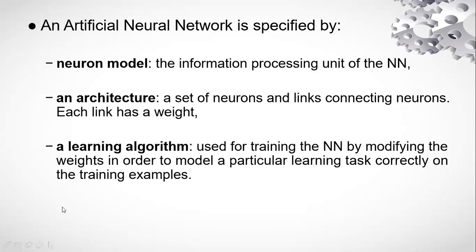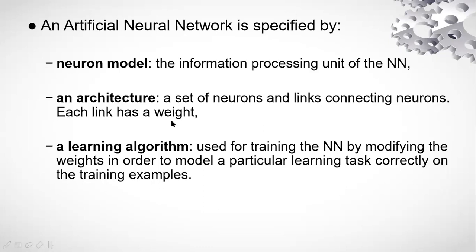Next, architecture. There are a number of neurons which are highly interconnected, or linked together. Whenever there are two neurons, they are connected with a link which has a specific weight. You can see here a set of neurons and links connecting neurons.